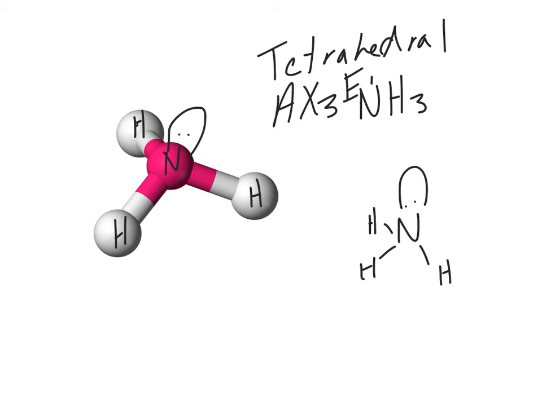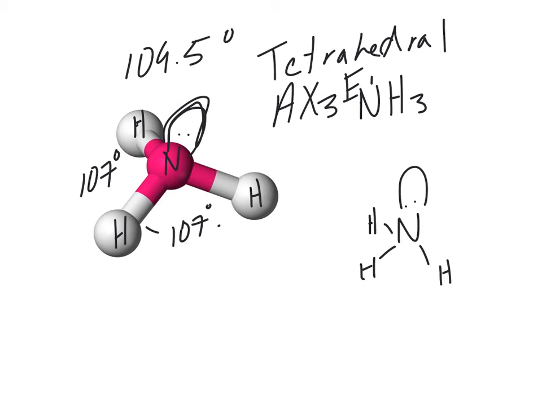But because of those unpaired electrons at the top, they change that 109.5 degree angle that normally you would see between those outermost atoms. What it does is these unpaired electrons right at the top here push on the hydrogens, so instead of 109.5, it's more like 107, I think, between all of the hydrogens.